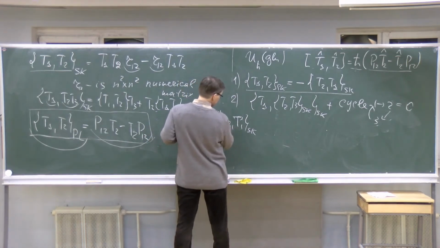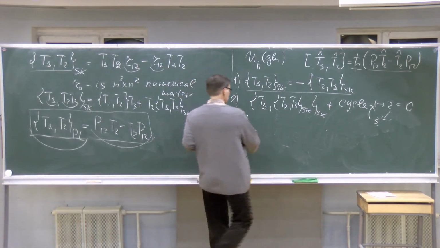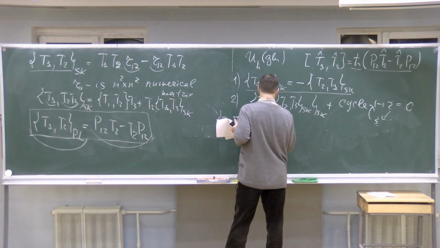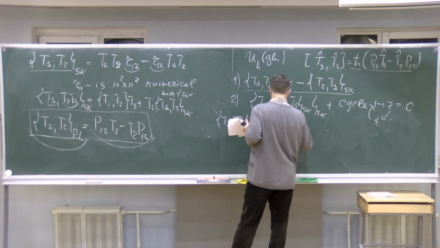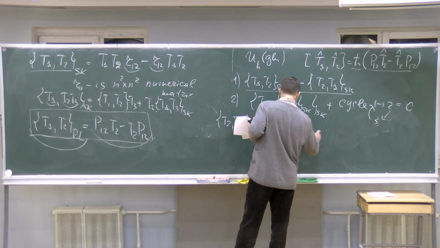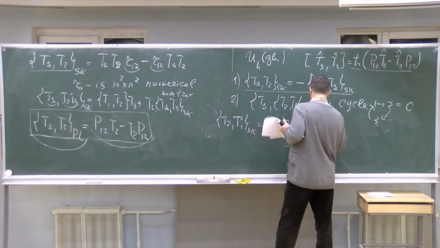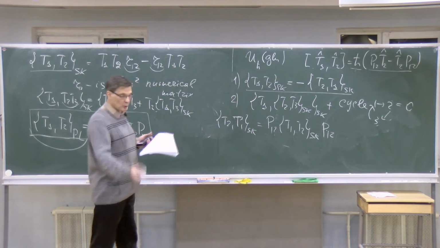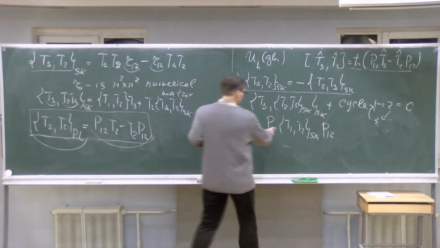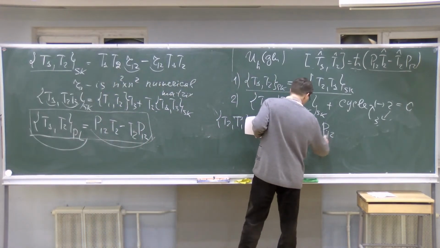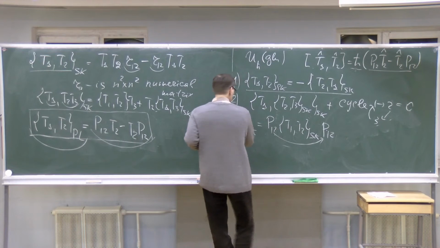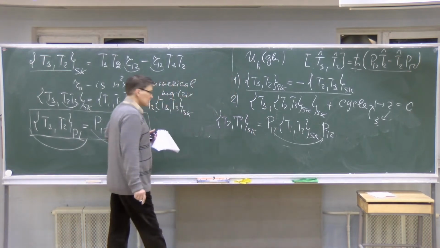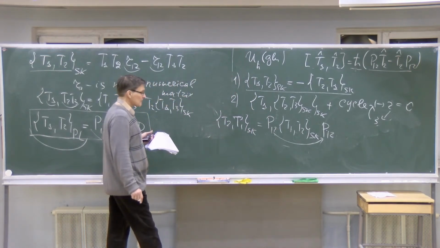Let's consider this bracket. It can be written as P12 times the bracket of T1 and T2 times P12. P12 squared is equal to 1, and when this operator comes through this object, it converts it into this form.